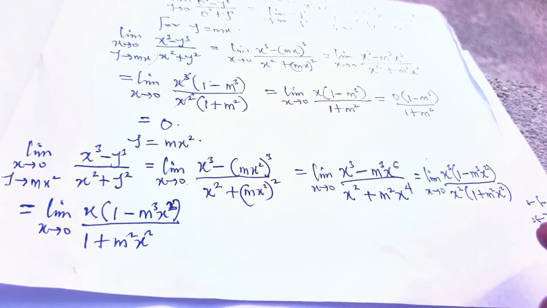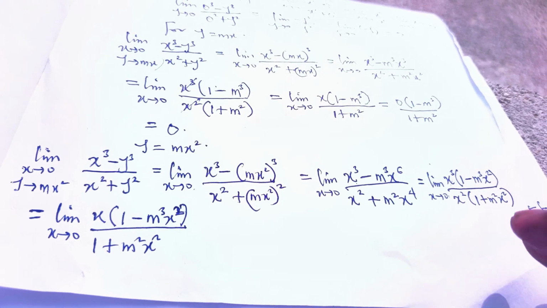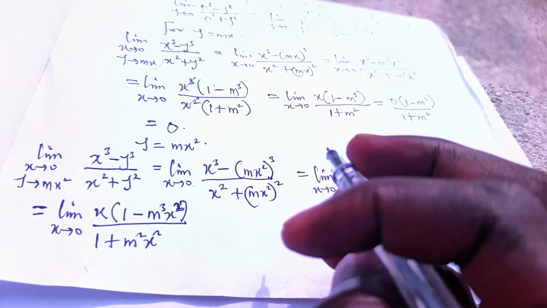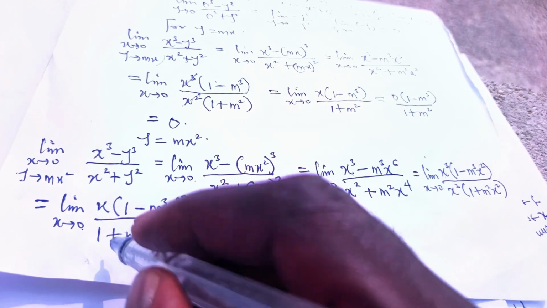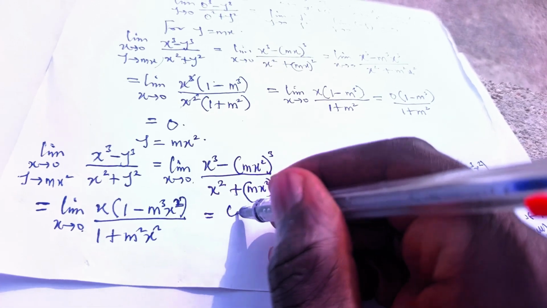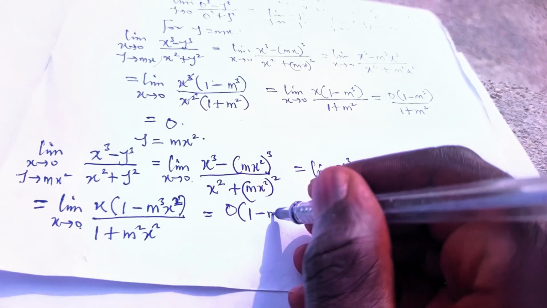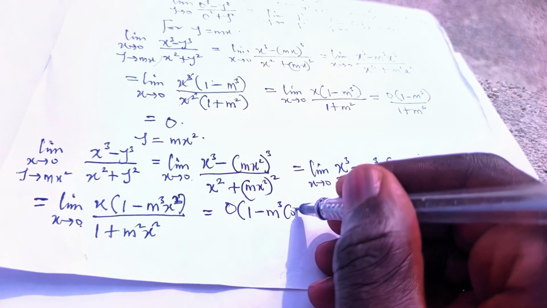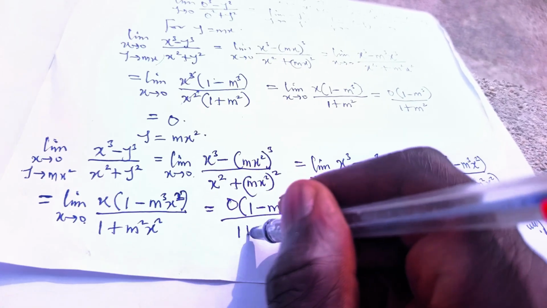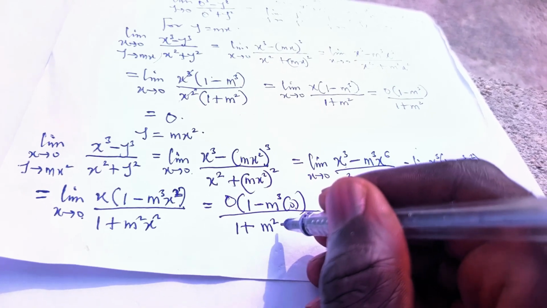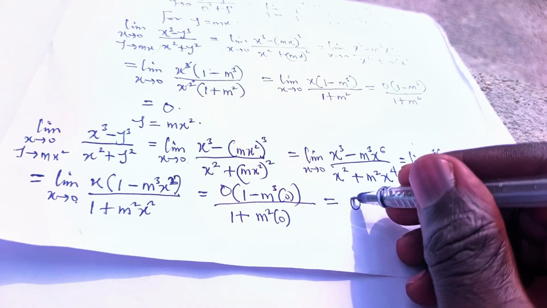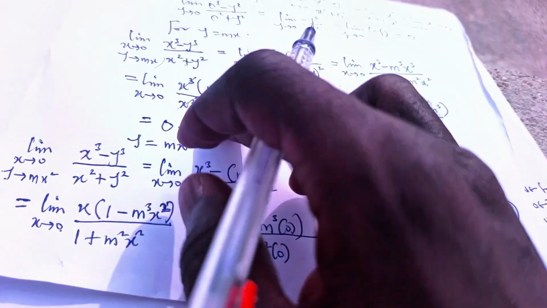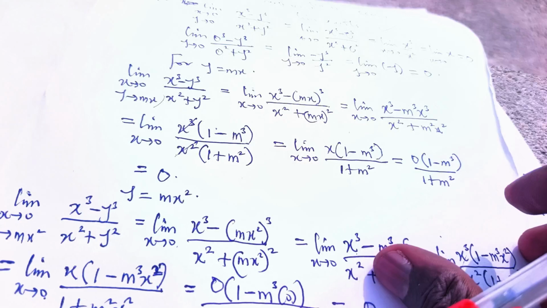All right, am I right? Yes. Okay, now we put x equal to 0. Here it will be 0 into (1 minus m cubed times 0) all over (1 plus m squared times 0). Everything here will be 0. So as you can see, they are all zeros. That means the limit exists.